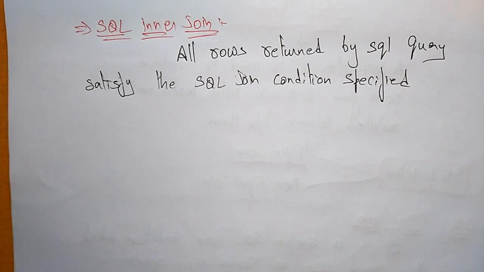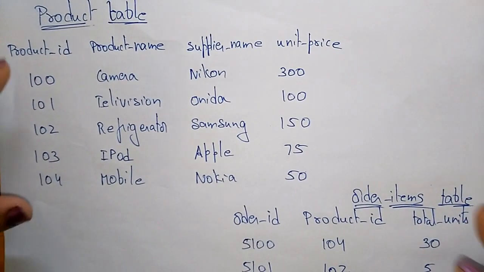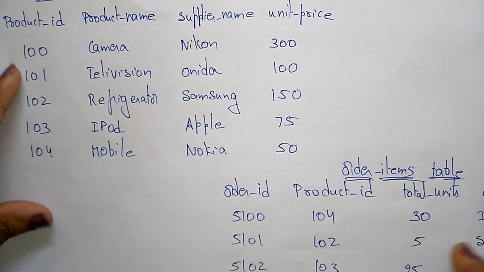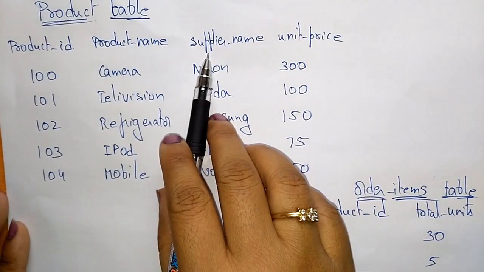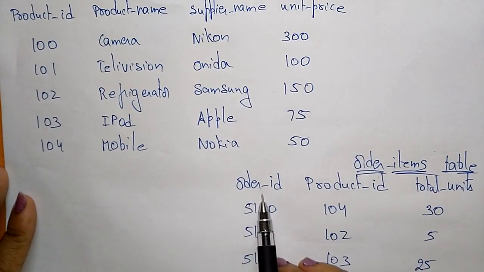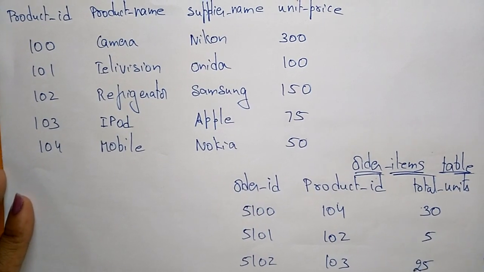So let us take an example. Here I am taking two tables: a product table and an ordered item table. In the product table, you have product ID, product name, supplier name, unit price. In the ordered item table, order ID, product ID and total units.